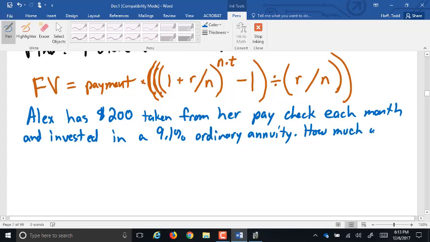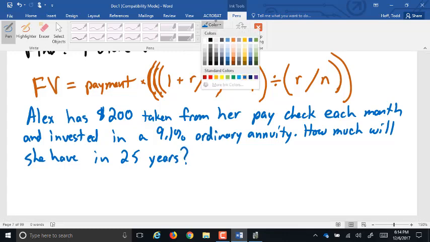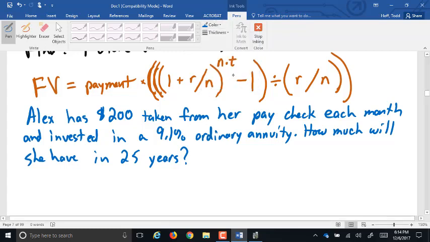How much will she have in 25 years? Anybody want to take a wild guess before we write out the formula? $200 every month for 25 years. $200 comes out to $2,400 a year put in.